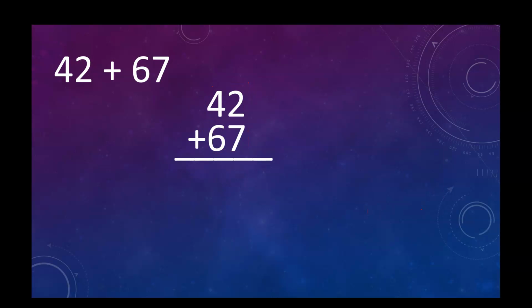Let's try this next one. We're going to draw out our hundreds chart. There's the hundreds place, here's the tens place, and here's the ones place here. And we're going to look at the top number first. To represent 42, how many ones do we have? We have 2, so we're going to write 1, 2 dots there. And how many tens do we have? We have 4, so let's put 4 in the tens place. 1, 2, 3, and 4.